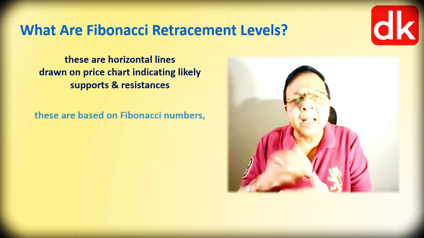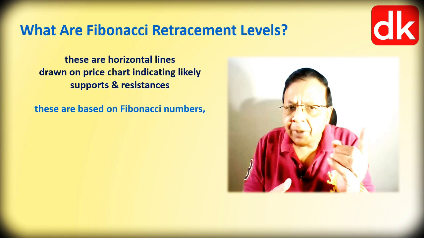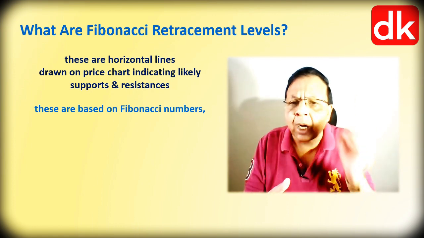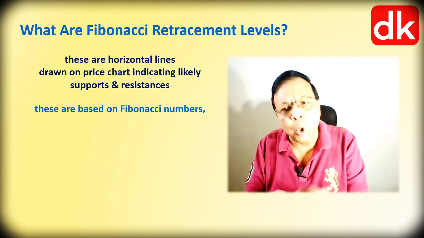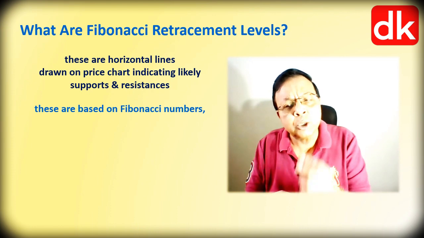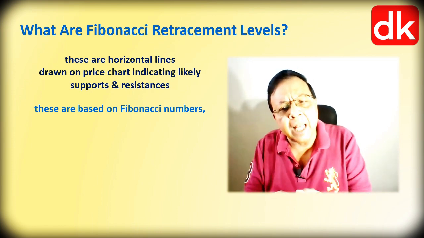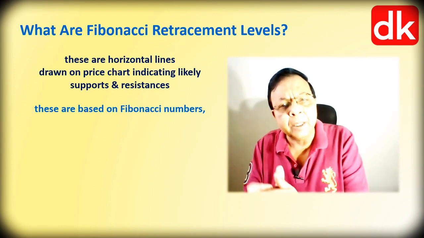And these are nothing but derived from the Fibonacci sequence or numbers that we have already explained in the previous episodes, as to how these retracement levels are calculated and derived from Fibonacci numbers.